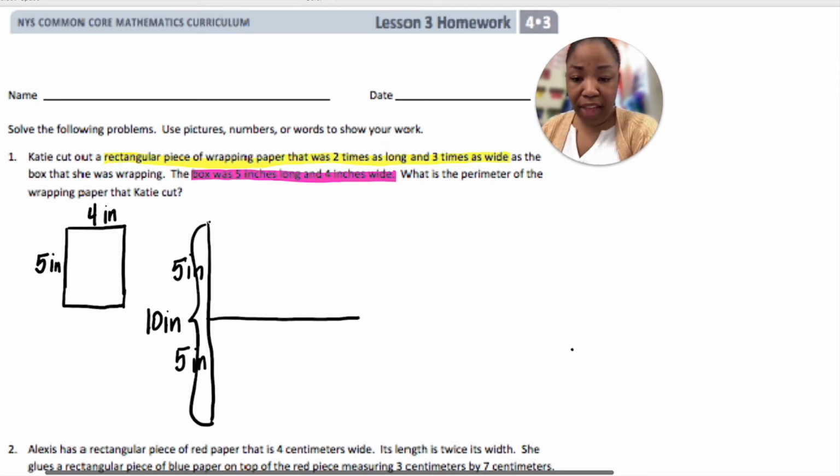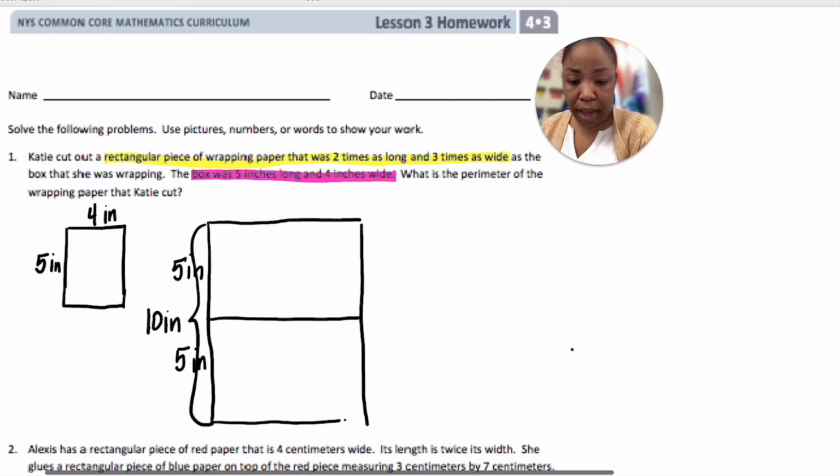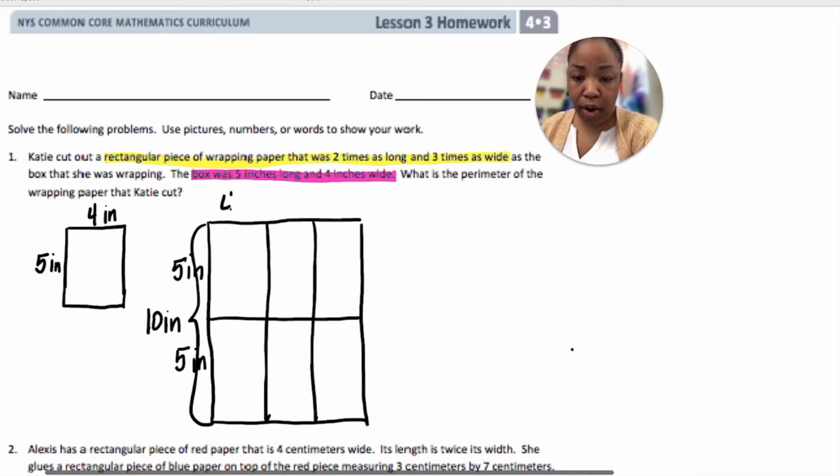Now for the width, they tell us that the width is 3 times the width of the box. So I'm going to do 3 times the 4 inches. So what is the total width? It would be 4 3 times, which is 12.